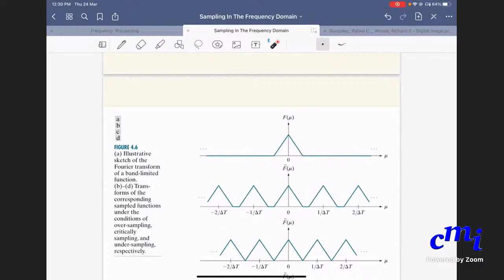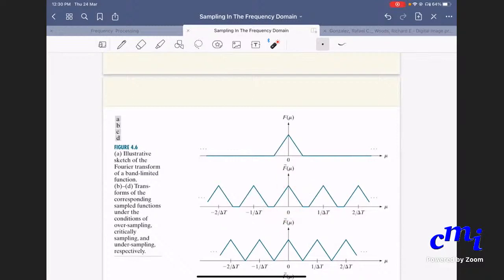The entire copy of f might fit here, and there will be a gap between the copies. We don't really mind the gap. What is important to us is that the entire f is available. If the entire f is available, only then will you be able to extract it and get your original signal. In this situation, delta t is small, and therefore 1 over delta t, the sampling rate, is large, and you are able to get an entire copy of f.